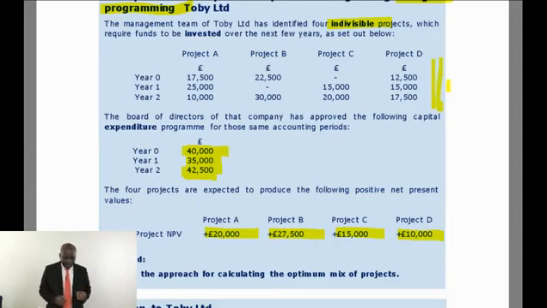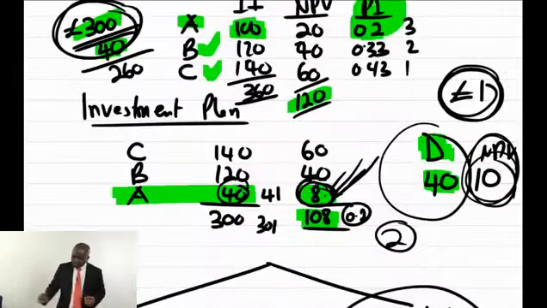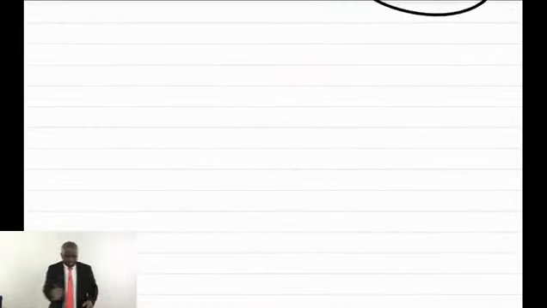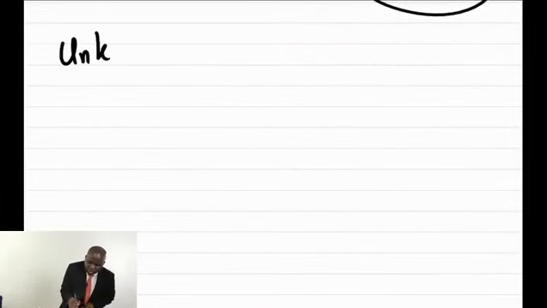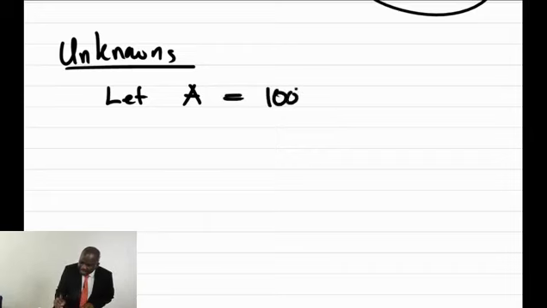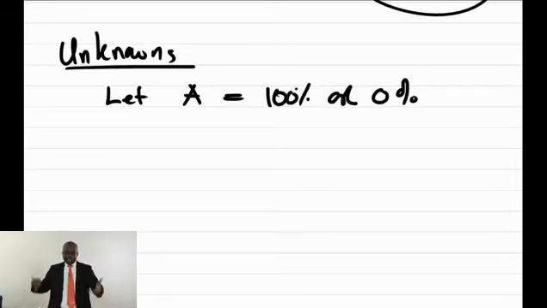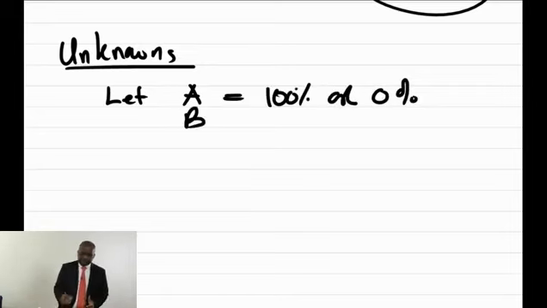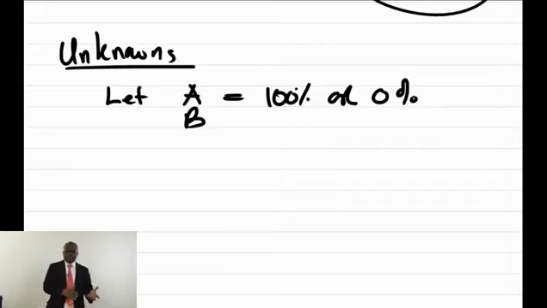So when you are defining your unknowns, you're going to say let A represent either 100% or 0% of project A to be undertaken. Do the same thing for B: 100% or 0% of the project to be undertaken.